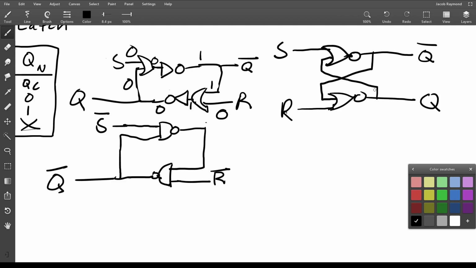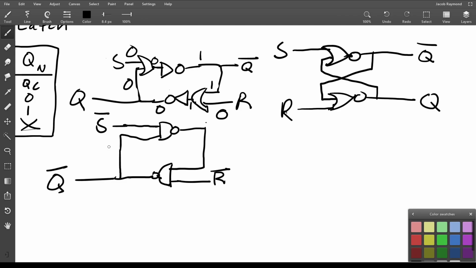And so this right here is an SR latch with NOR gates, and with NAND gates you can draw the same sort of thing. However, the two outputs swap because that NOT gate passes through here, and suddenly you can't really get Q out from this side.